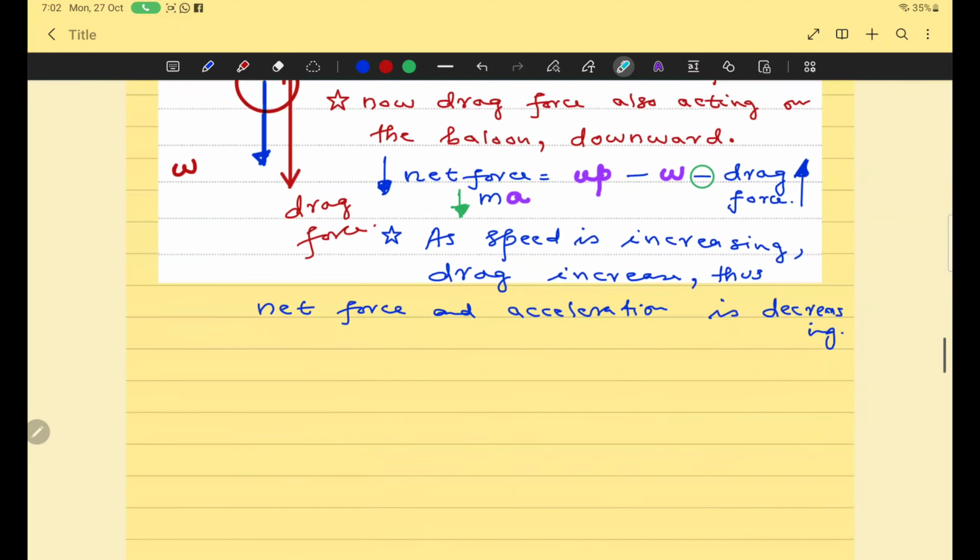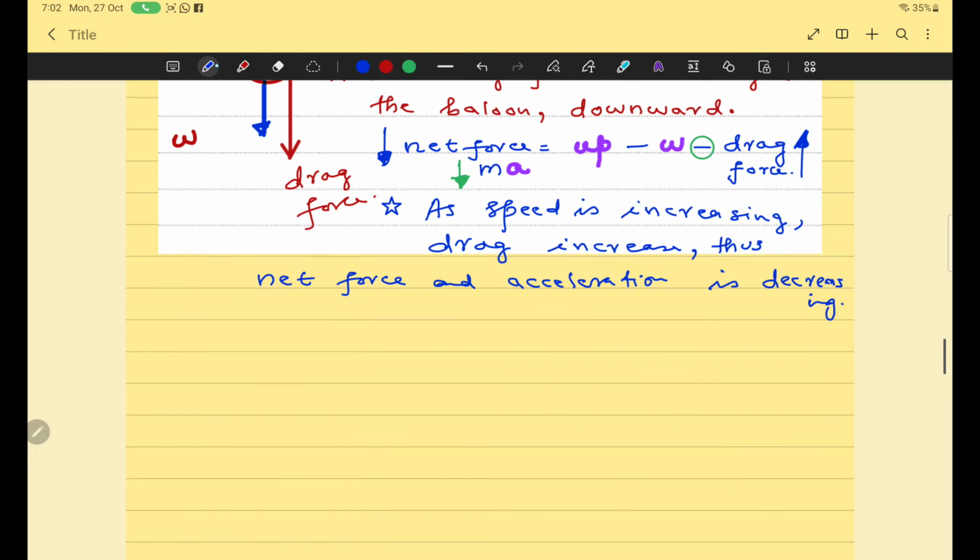And when net force is zero, I am writing it, it is the final sentence. When net force is zero, as net force is decreasing, then obviously net force eventually becomes zero.